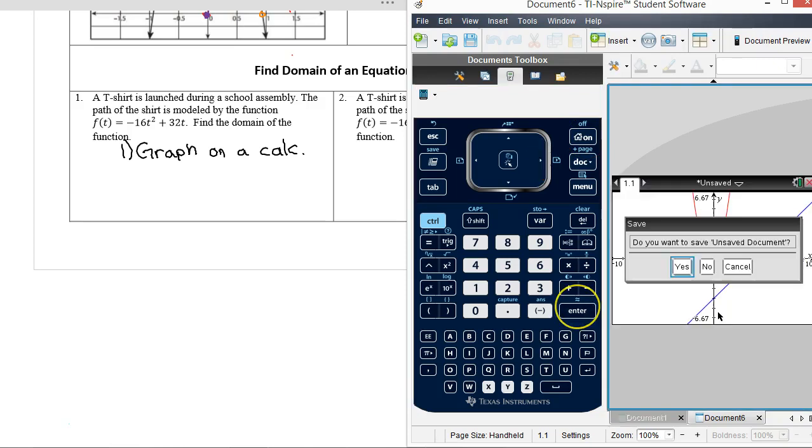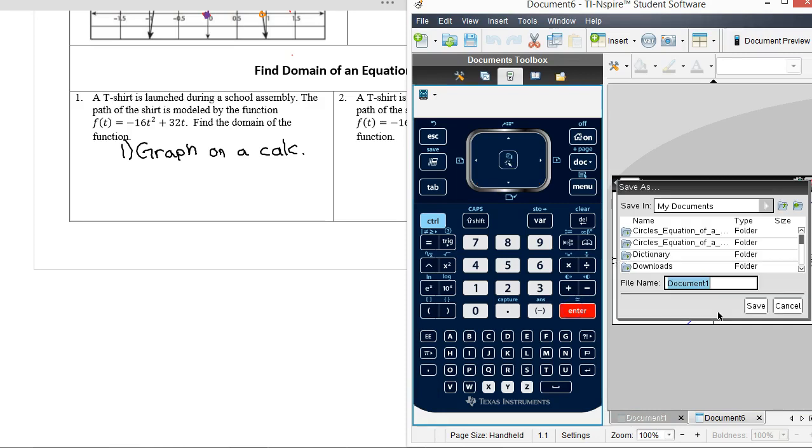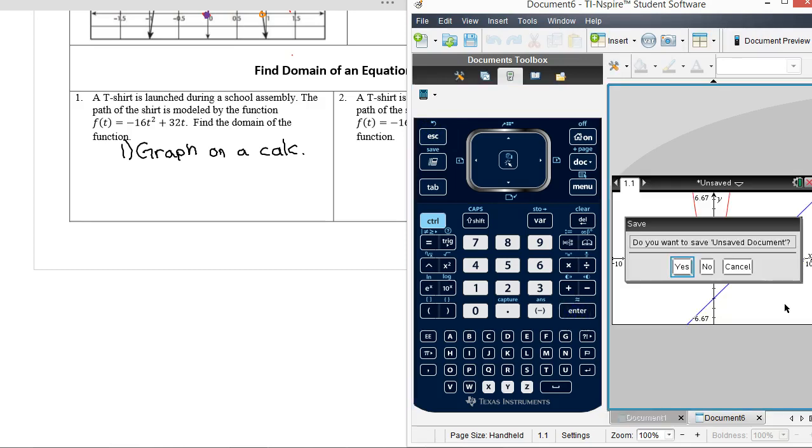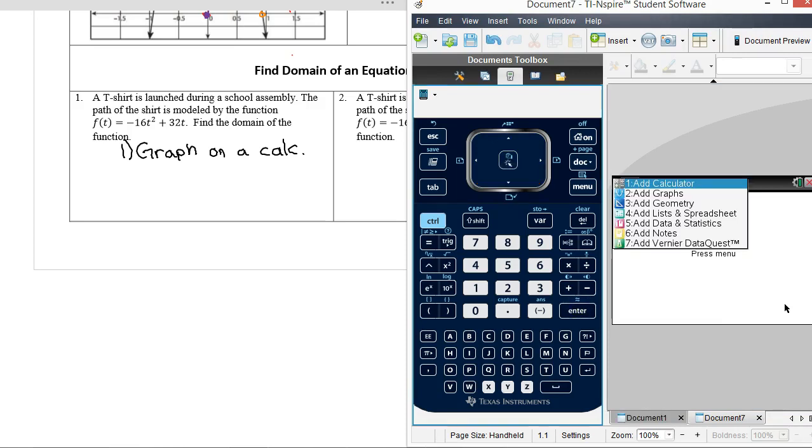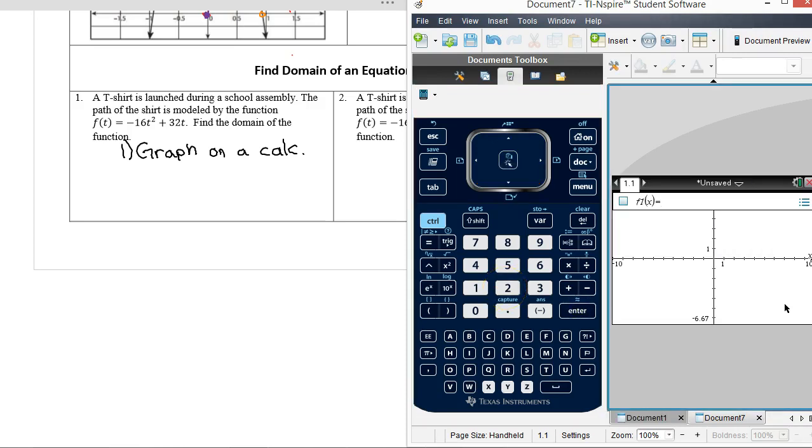Open a new document. And I'm going to do number 2, add graph. So I'm going to type this in exactly how it is. -16, we cannot type t's in.